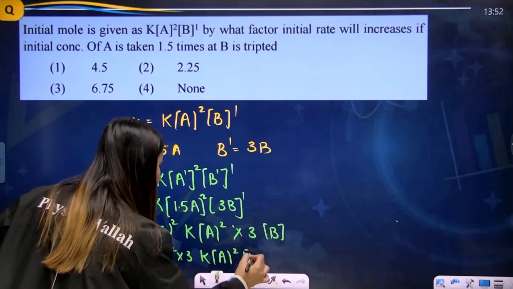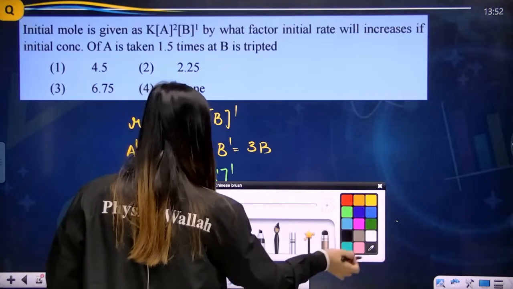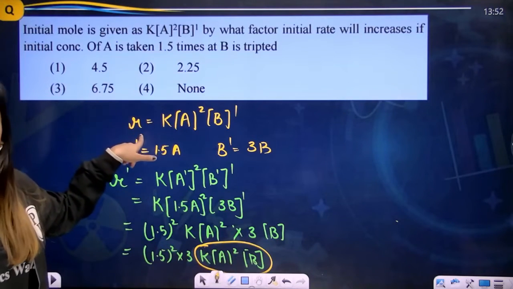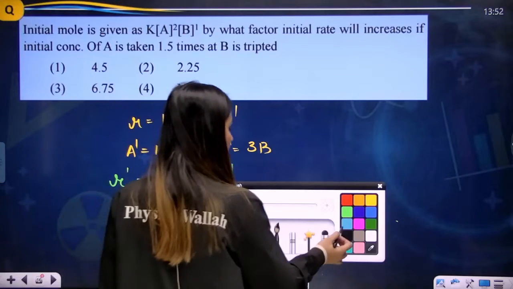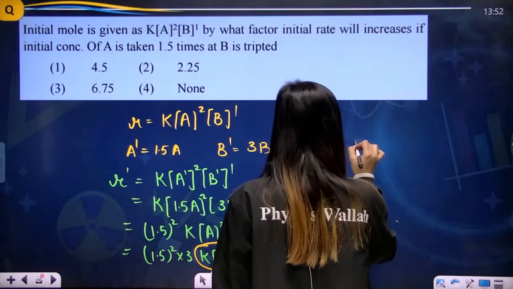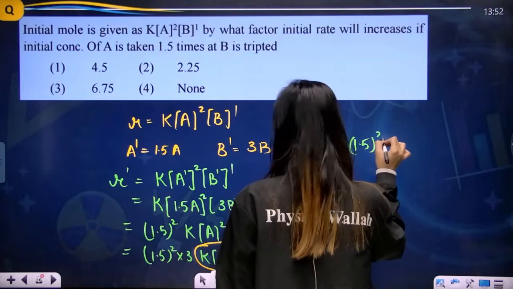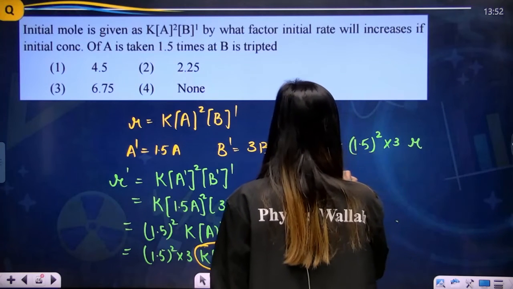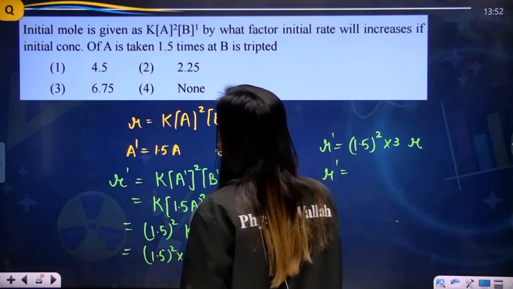Just see, my dear students, this actually is your rate R. So can I say that your R dash is equal to 1.5 whole square into 3 into R? So R dash is equal to, let's now multiply it.